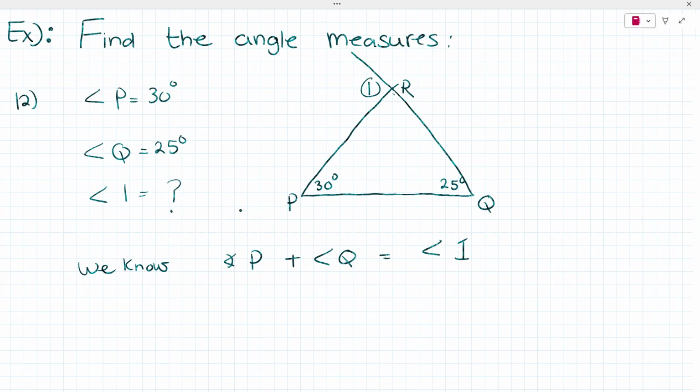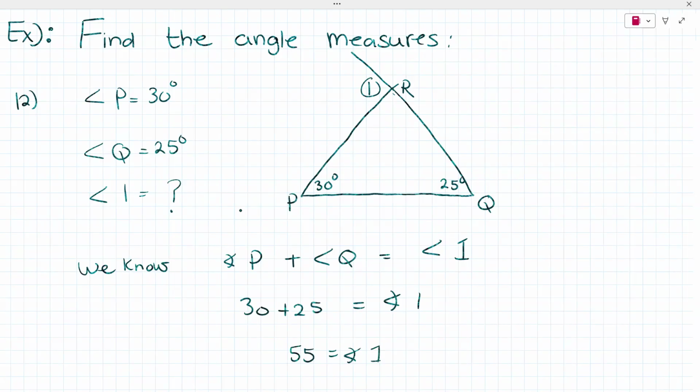So angle P is 30, angle Q is 25, that equals angle 1. 30 plus 25 is 55. 55 equals angle 1.